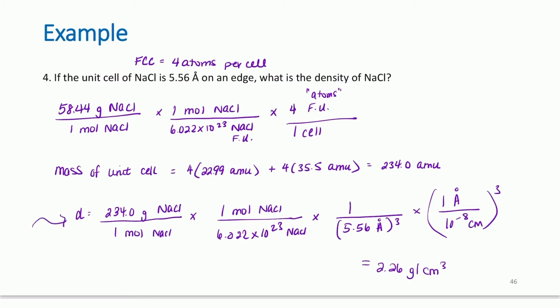Now let me explain a couple pieces to it. This, just like we've done before, this in angstrom, again, 1 angstrom is 10 to the minus 10th meters, or 10 to the 10th angstroms is 1 meter. An angstrom is just a really small unit of length.